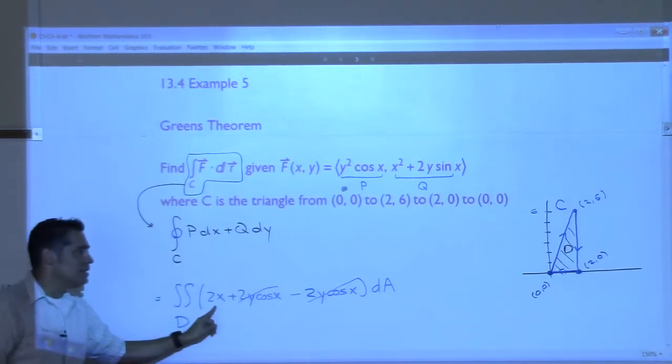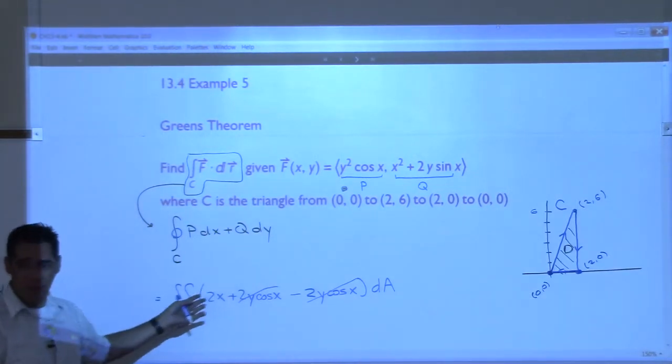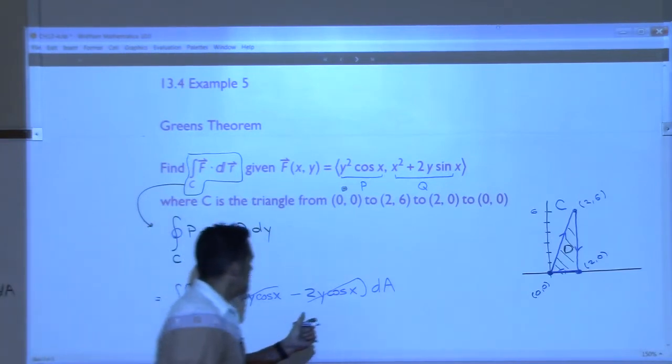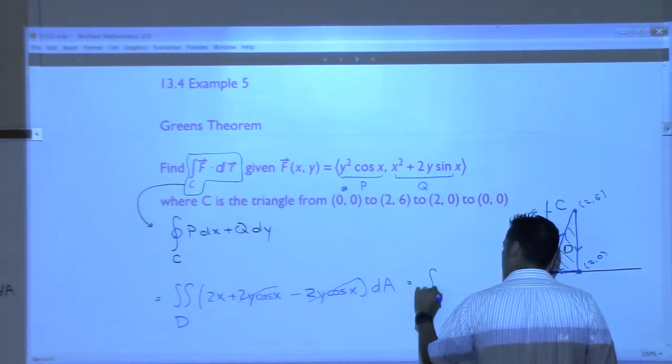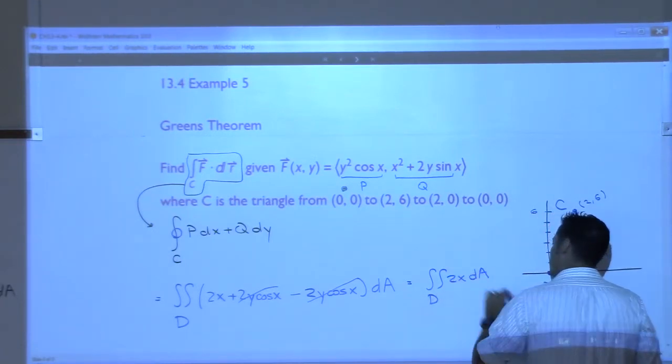But there's an x in here, so we have to go through it like we did double integrals from the very beginning. So I like Green's. We're going to stick with Green's, okay? So this is now the double integral over D of 2x with respect to area.